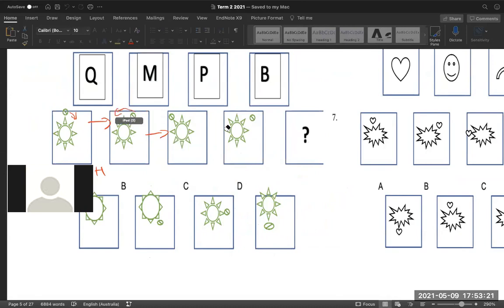From this image to this image, it should go +3. So this shape should have been here. But what happened was, I think when we copied the folder, it moved around. So the next one should have been -4. It goes 1, 2, 3, 4. So the answer should have been facing like that. But this question, don't worry about it. It's a typo question. We have to get rid of that.